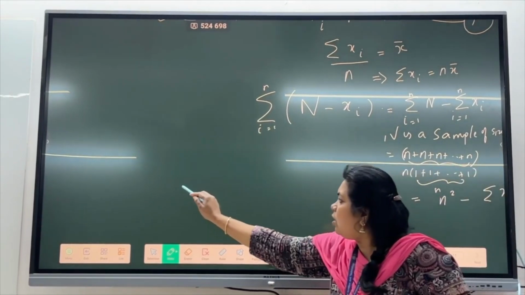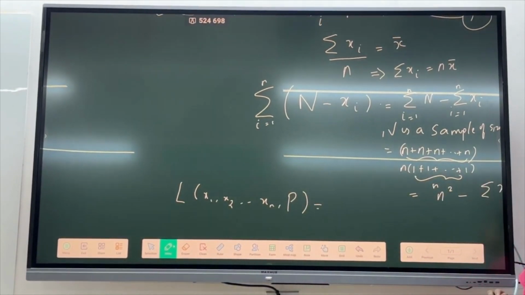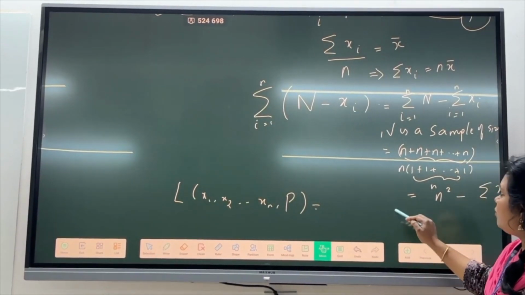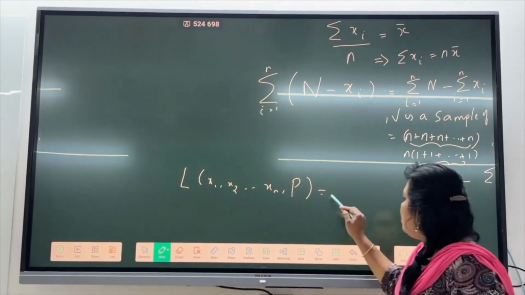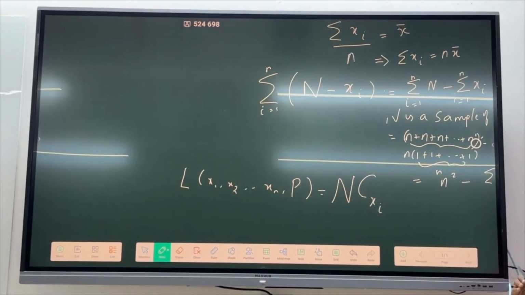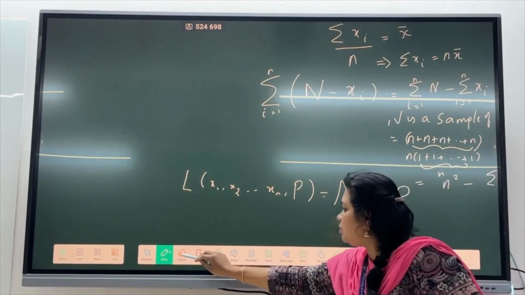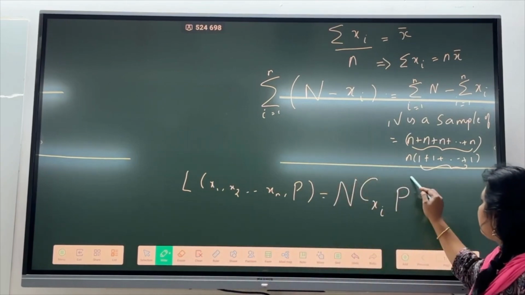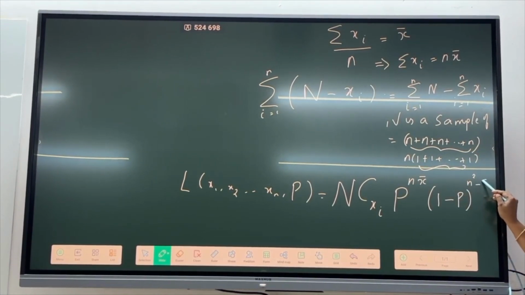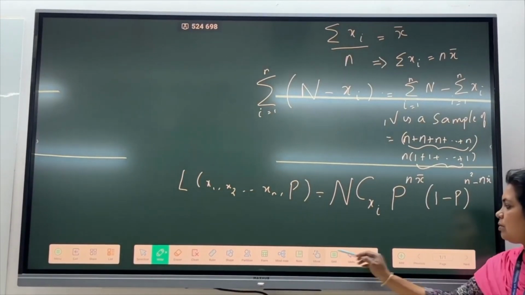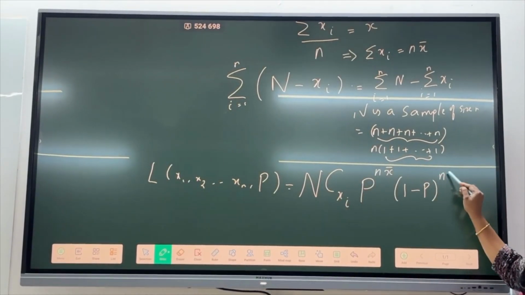L of x1, x2, etc., xn, P equal to the product of NC xi, capital P power summation xi, which is n x bar, times 1 minus capital P power N square minus n x bar.